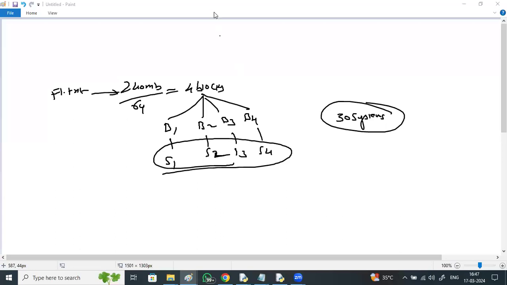Maybe we can do repartitions. You have given the file size, and 4 blocks are stored in 4 systems only. Let me give a labor example.